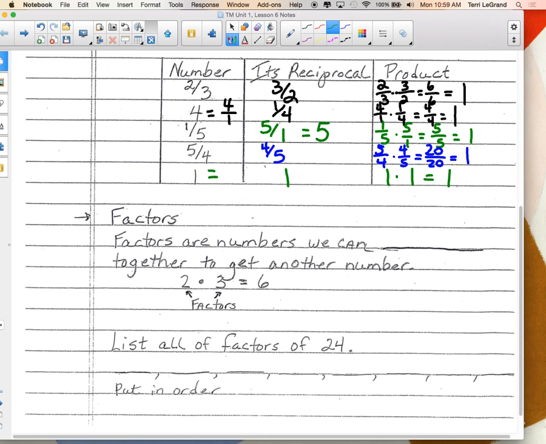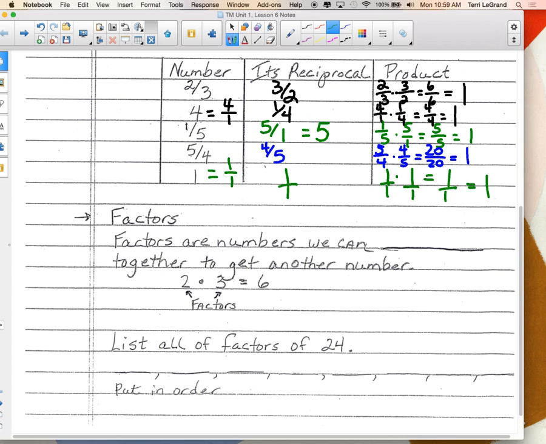Class? 1 over 1. Well, then if I flip that, that would be 1 over 1. It still looks the same, doesn't it? And then if I multiply those, I would get 1 times 1 upstairs, 1. 1 times 1 downstairs, 1. Sure enough, I get 1.